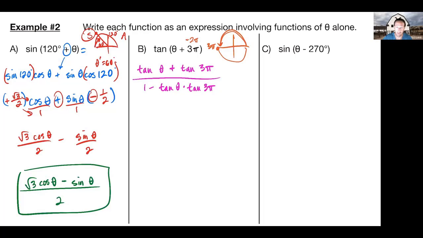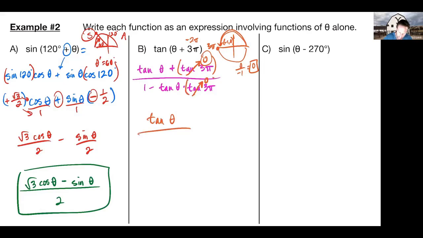Okay, so now that we know that, and we're dealing with tangent, which is the y over the x, we know we're at the point -1, 0. And since tangent is the y over the x, we'll get a 0, which is really, really nice, because that means this and that go to 0. And if we're adding 0, then that just leaves us with tangent theta plus 0, or tangent theta on top.